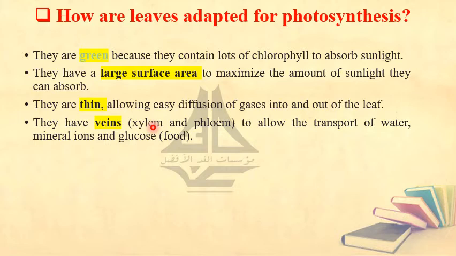When the plant absorbs water and mineral salts from the roots, together they form the crude sap. These are taken upward toward the plant by the xylem. And when the plant produces starch, the starch will be distributed downward to all the parts of the plant by veins called phloem vessels.